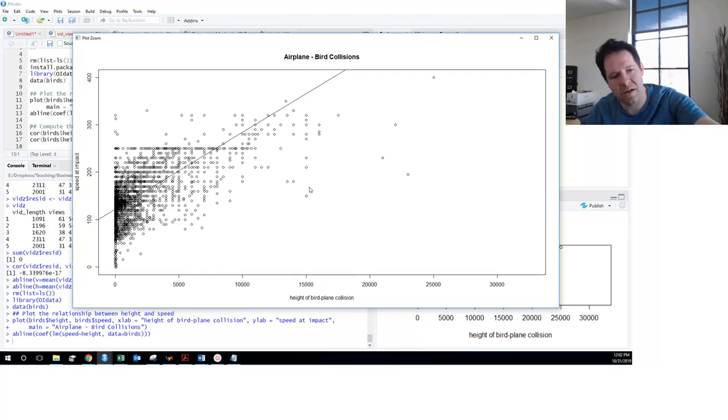It looks like it's really trying hard to fit the observations in the bulk of the data at these lower altitudes. But it's also trying to account for these observations out here, where it's not doing a great job fitting, where it's over predicting the speed at impact based on that linear relationship to height.